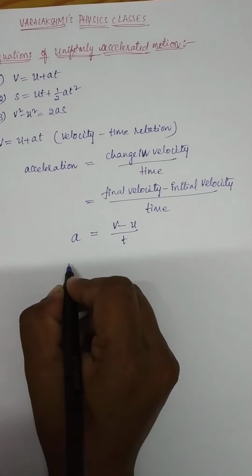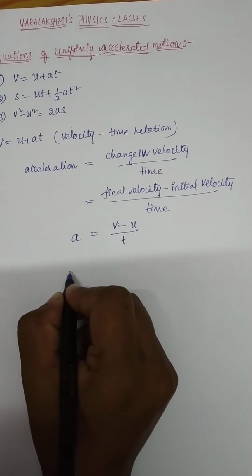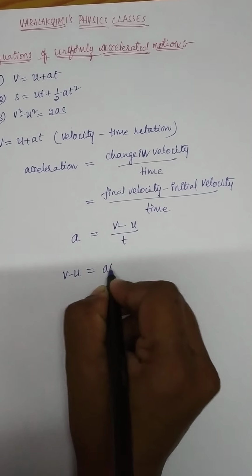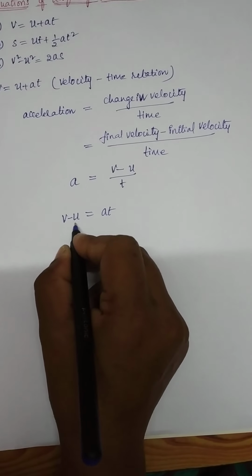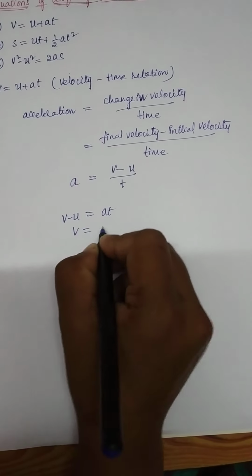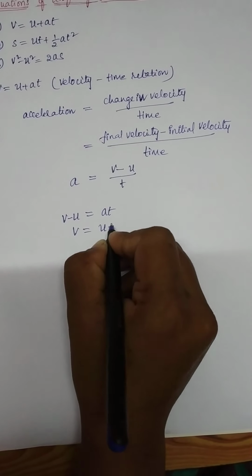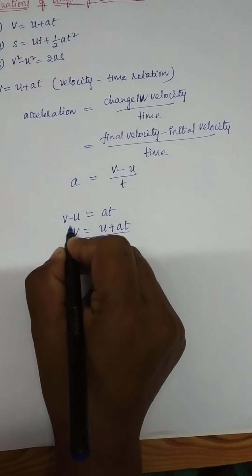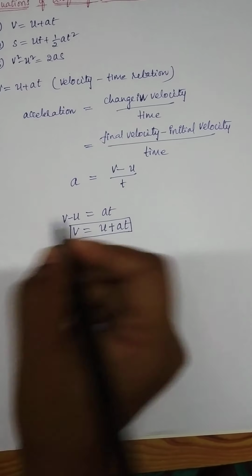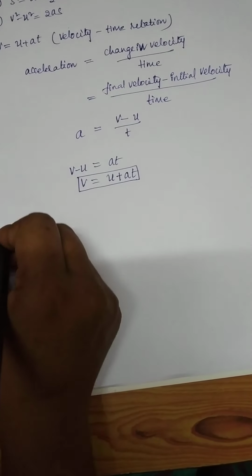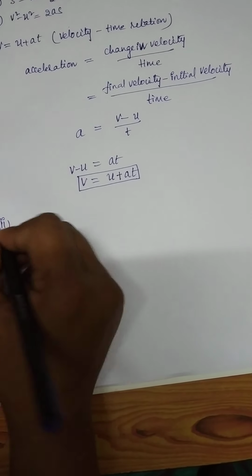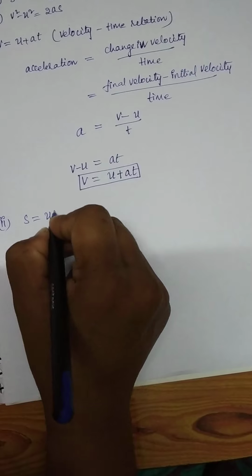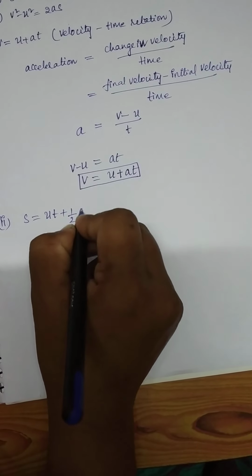Now by cross multiplying this equation we will get v minus u is equal to at. Now take this negative u to that side, then v is equal to u plus at. This is the first equation of motion. Hence we have proved.